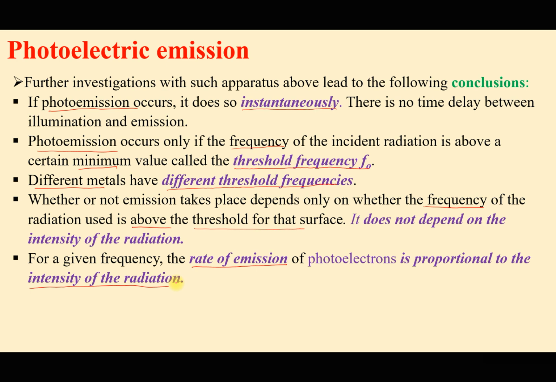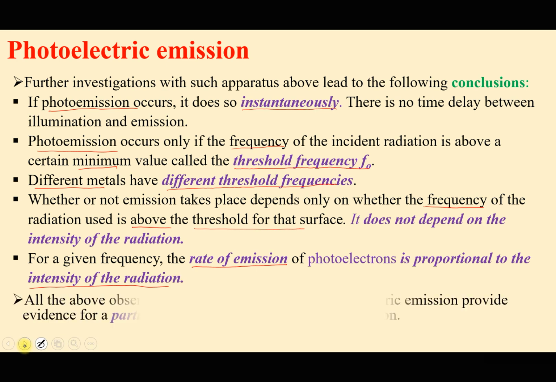But if light is of frequency above threshold, there is emission, and then the rate of emission will depend on the intensity. But emission itself does not depend on intensity. For emission to occur, it depends on the threshold frequency.